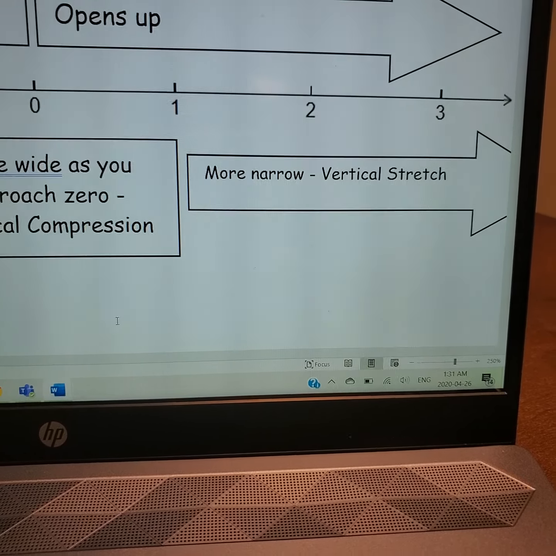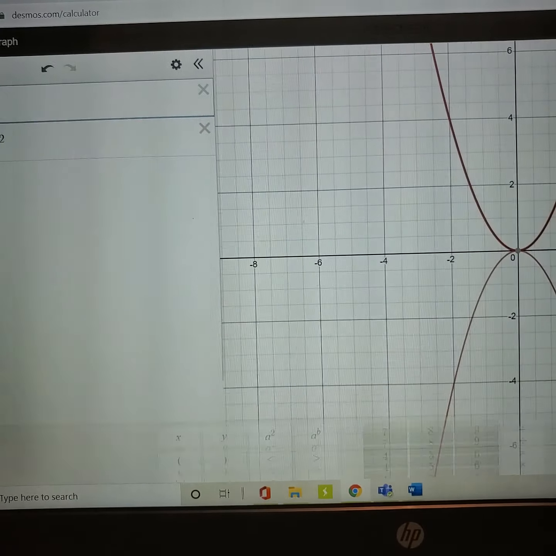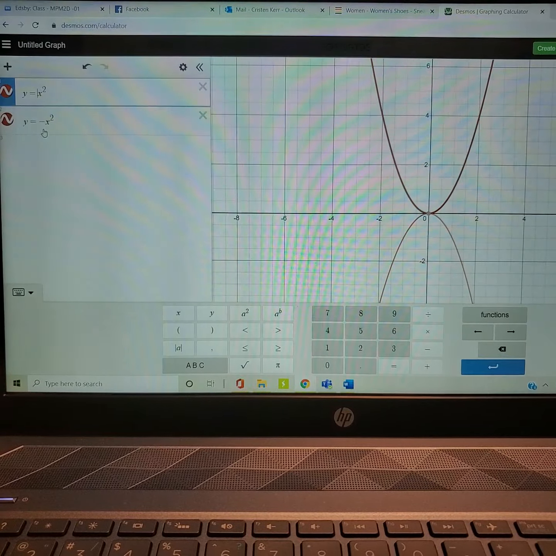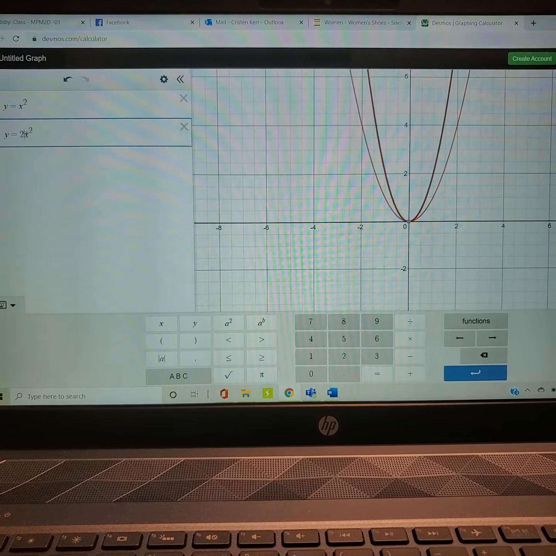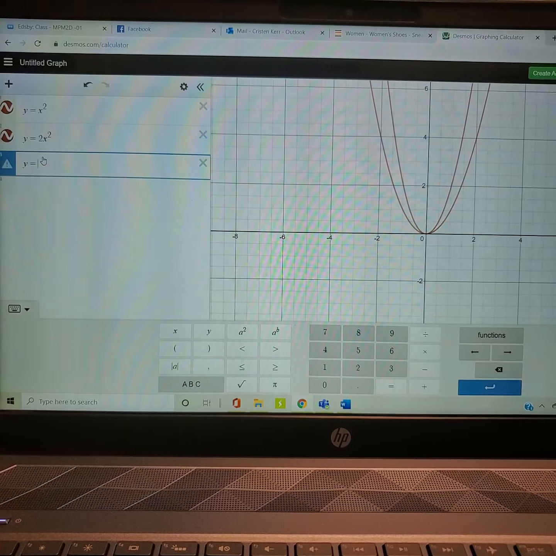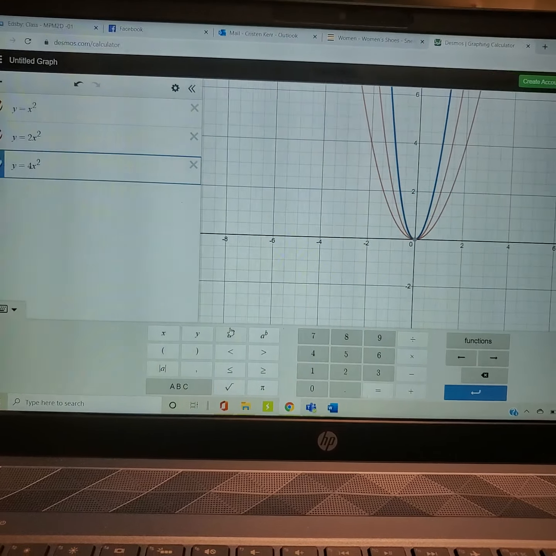And that is why, and I'll go back to Desmos here, y equals x squared is not as narrow as y equals 2x squared. And the most narrow of those three would be y equals 4x squared.